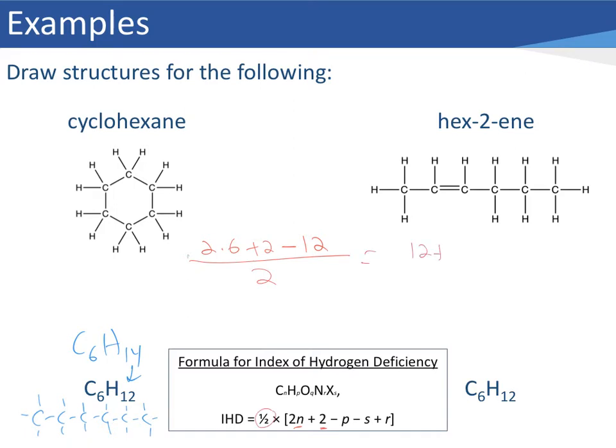So I have 12 plus 2 minus 12 divided by 2. That equals 2 divided by 2, which is 1.